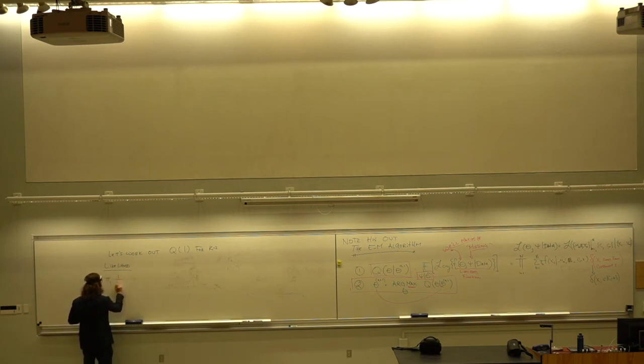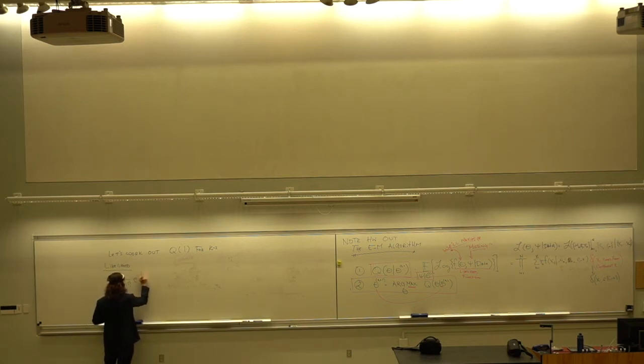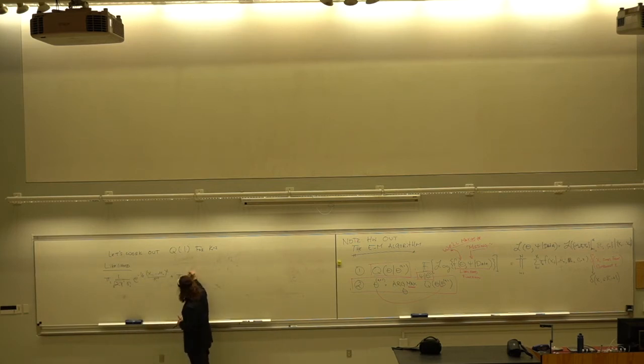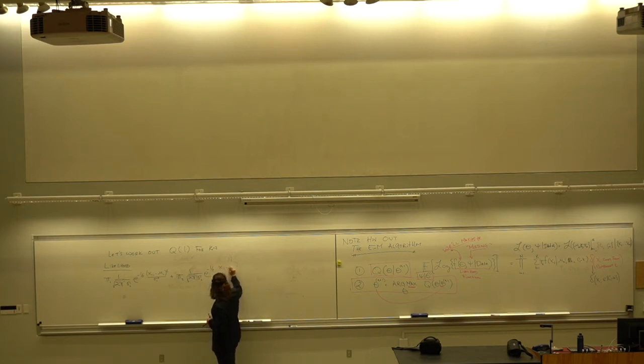So 1 over 2 pi sigma 1, e to the minus 1/2, xi minus mu 1 squared over sigma 1 squared, plus pi 2, 1 over 2 pi sigma 2, e to the minus 1/2, xi minus mu 2.